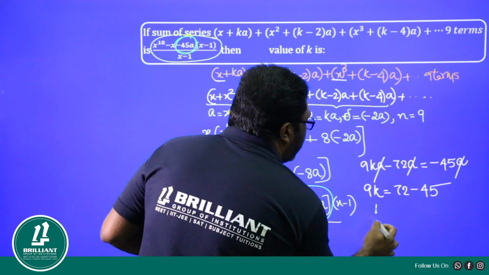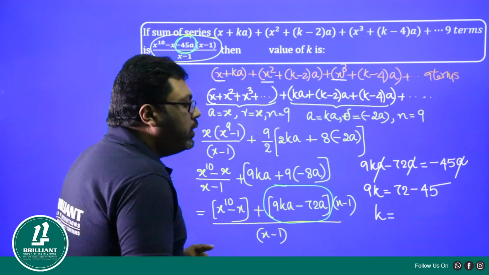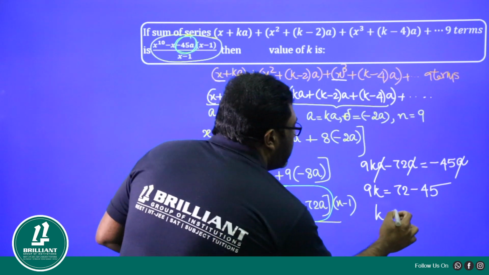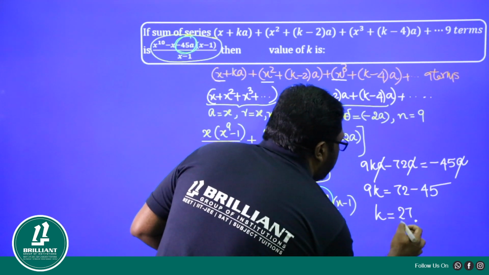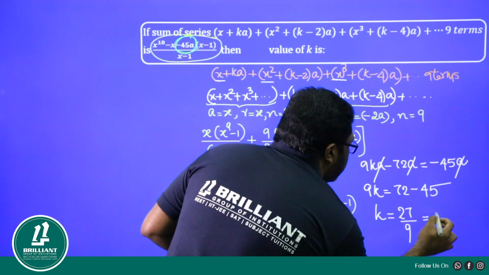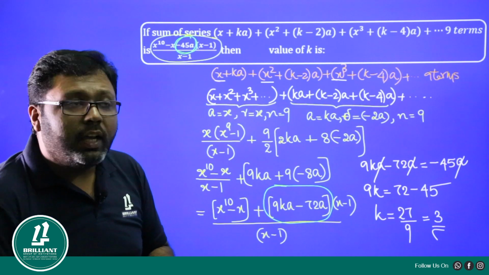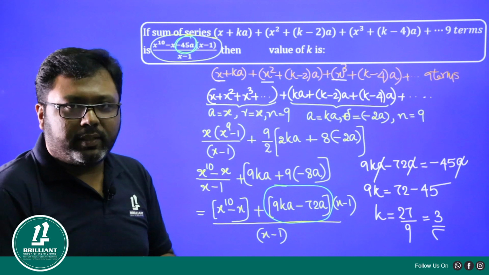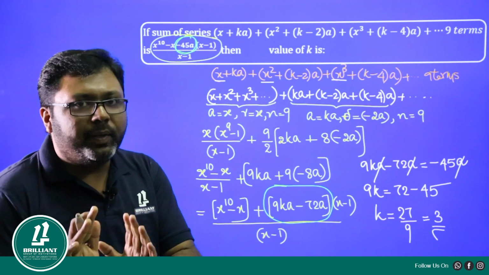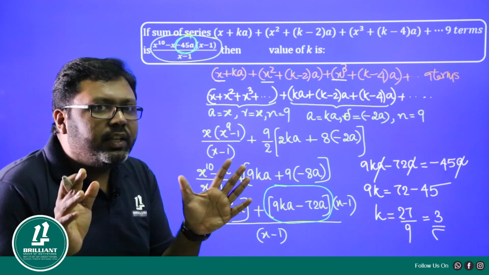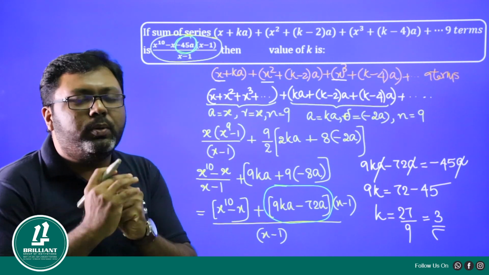What is 72 minus 45? 72 minus 45 is 27. So 27 divided by 9, and k is equal to 3. So k is equal to 3 is the answer for this question. Okay. I hope it's clear. Yes. Understand that every special series question should be analyzed very closely.